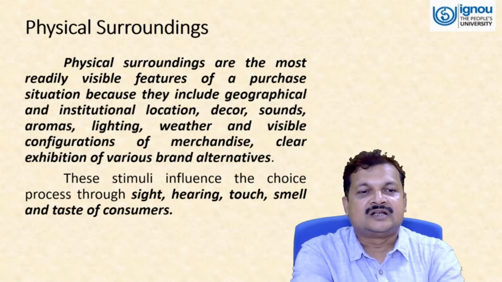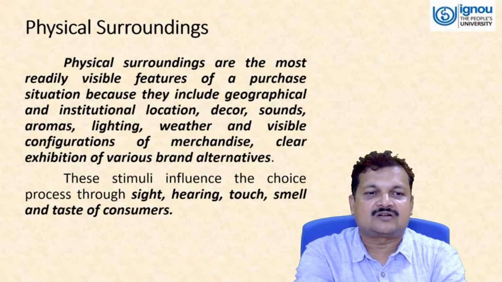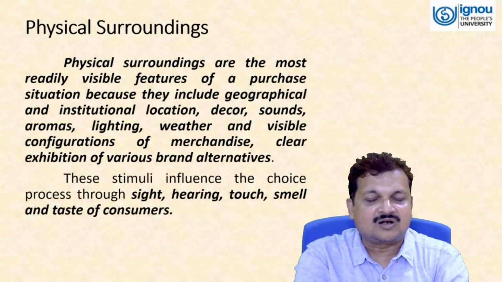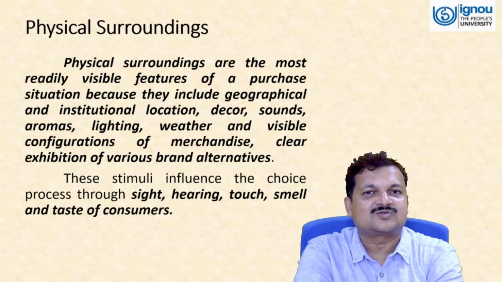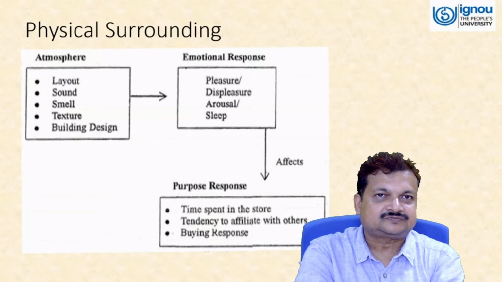Smell: sometimes the smell of the product matters, and you decide depending on that also. Taste: if it is a food item or something else, you can taste it and understand it very well. So these are all the physical surroundings where you are taking the decisions for the final purchase.